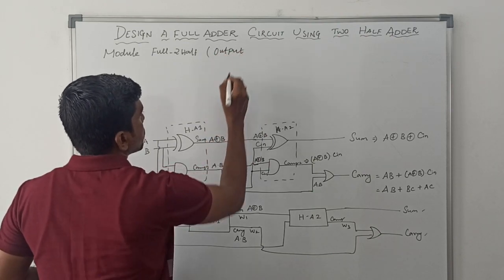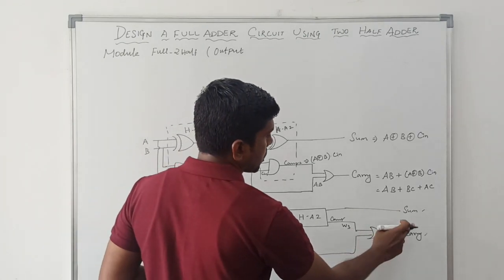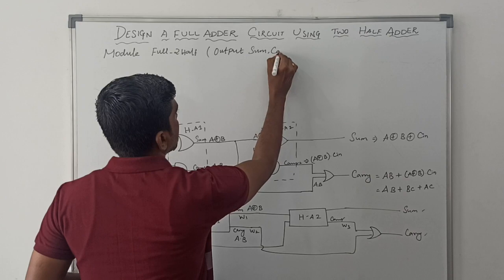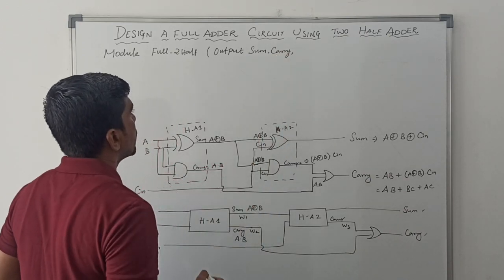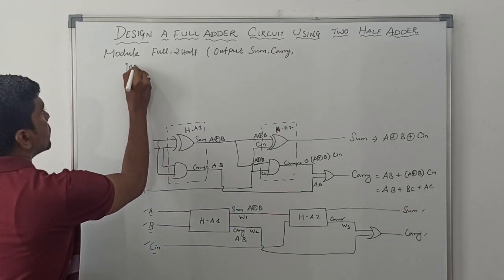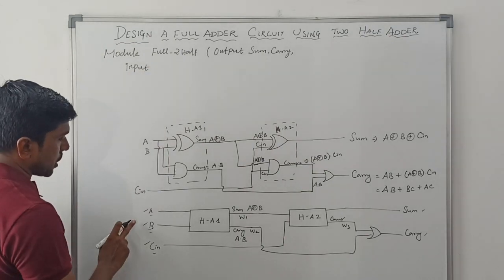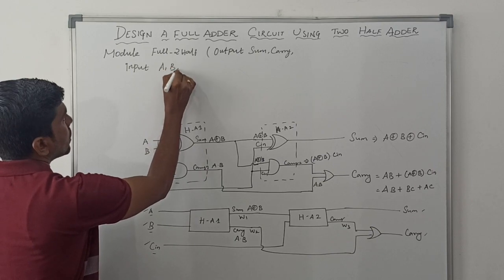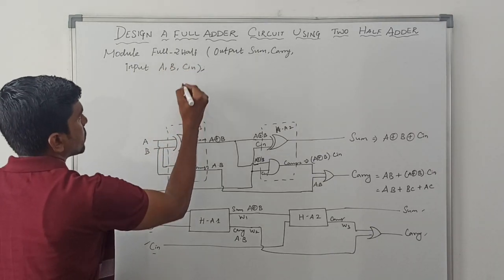In this block diagram we have 2 outputs, sum and carry. Then I declare the input ports: the input signals are A, B, C.